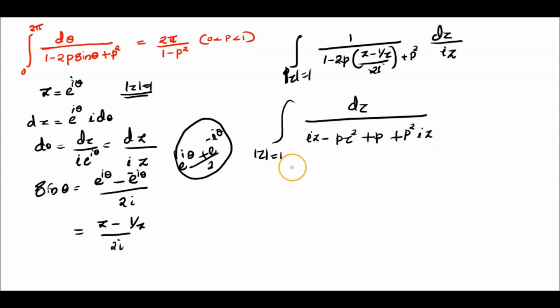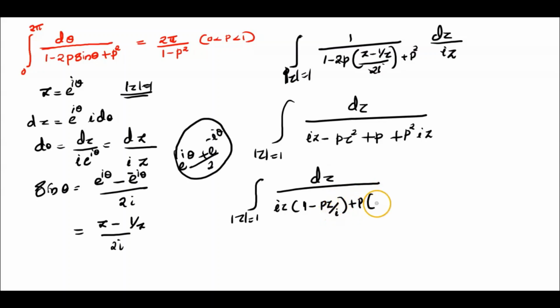Now we need to find the singularities of this function, so just simplify this function as dz divided by, taking iz common, iz into 1 minus pz, also we take iz common, so 1 by i is that, plus p into 1 plus p iz.